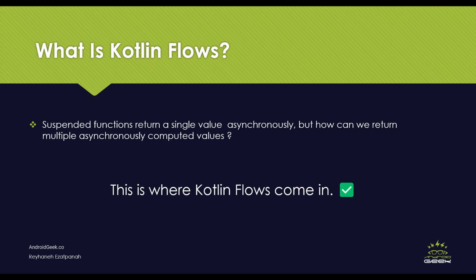For example, a Flow can receive live updates from a database. And also coroutines can be extended to provide multiple values through Flow. So there must be a match between the emitted values. For example, a Flow with type Int can emit integer values.